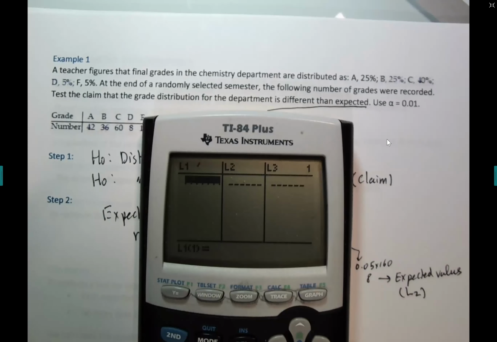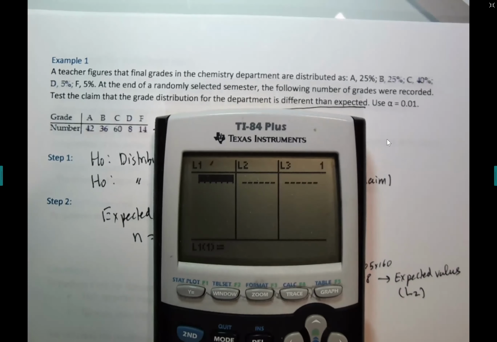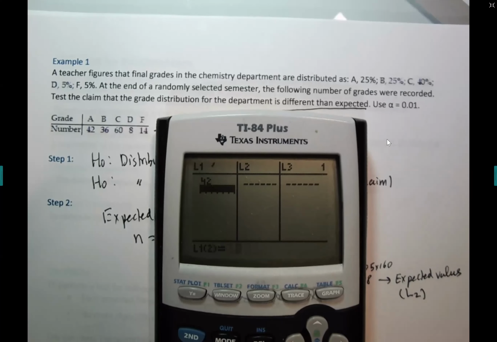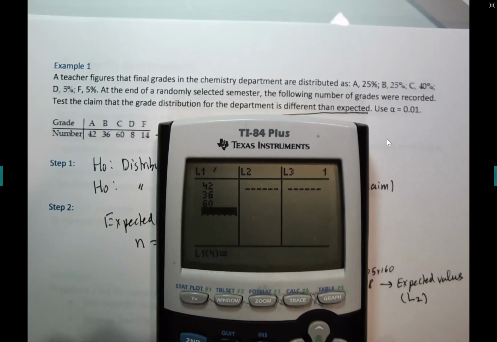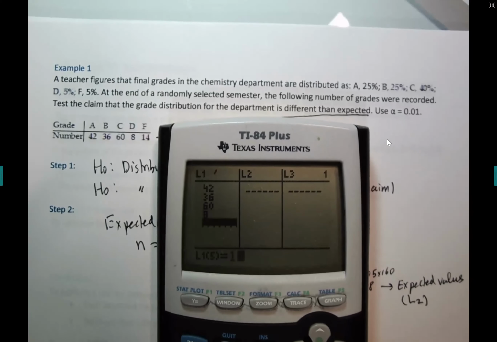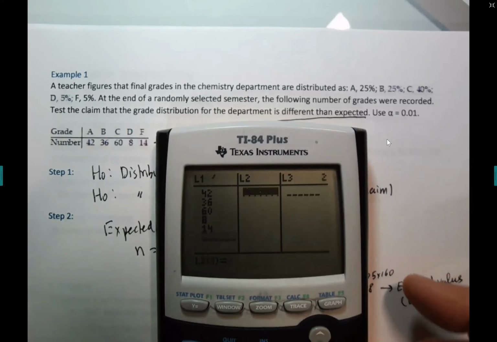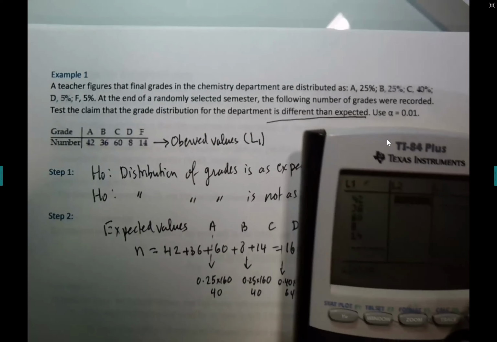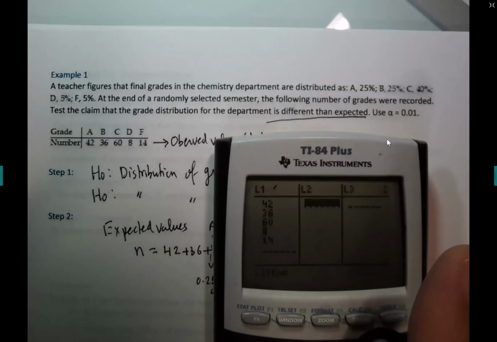Always L1 is the observed values, guys. So we have 42, 36, 60, 8, and 14. L2. It's a very easy test if you know what to do here. Just figure out the expected values and you're all set. I have 40, 40, 64, 8, 8.